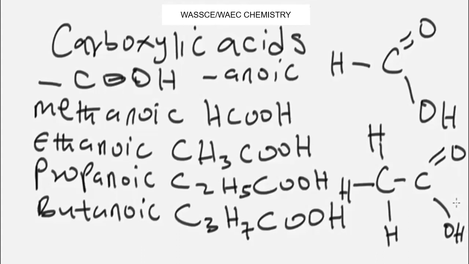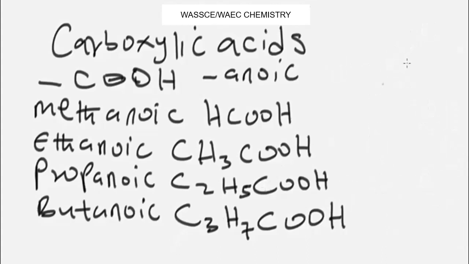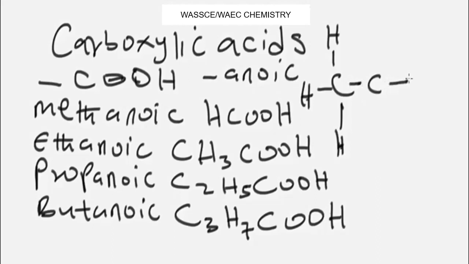Whereas if you want to draw the structure of propanoic acid, let me wipe some parts of this. The structure of propanoic acid has three carbon atoms. So this will be our propanoic acid.